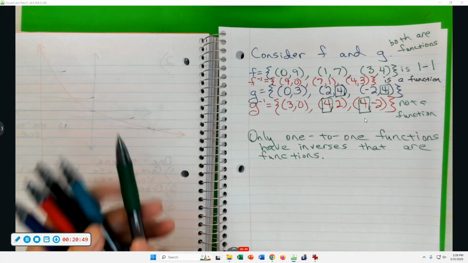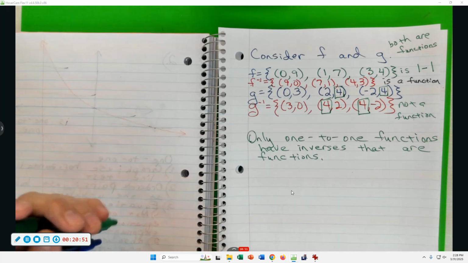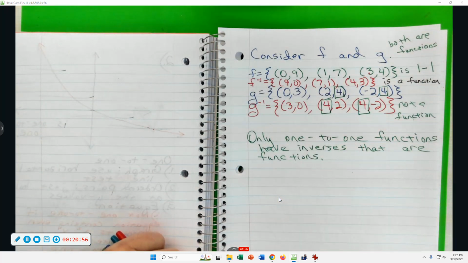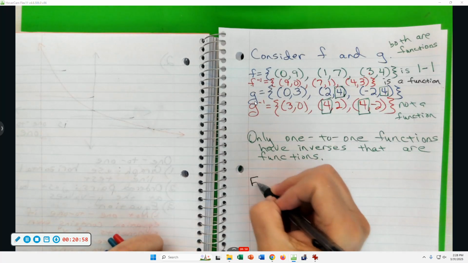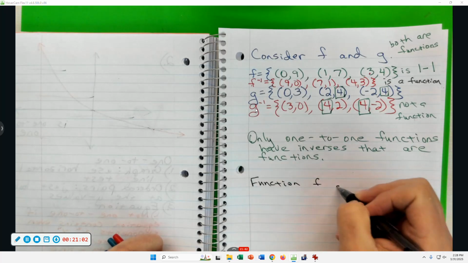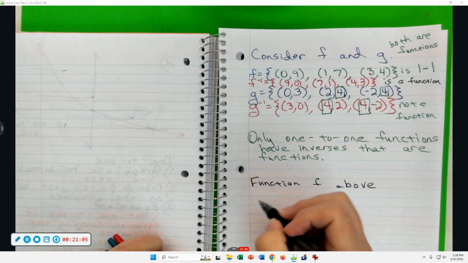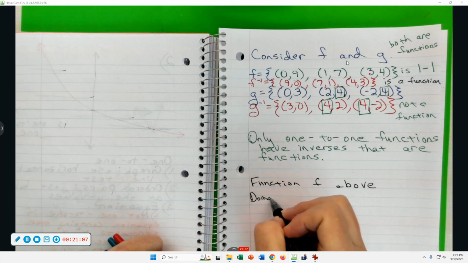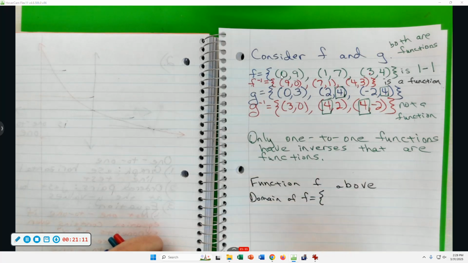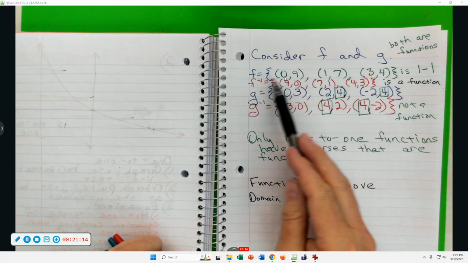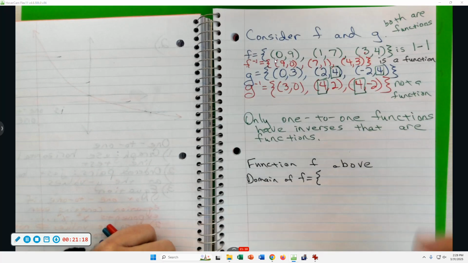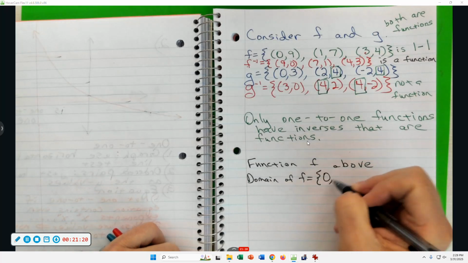And there's one other thing. While I'm here, we may as well mention this. We're still working with the function f above. If I wanted you to tell me the domain of f, what numbers are in the domain of f? There's only 3 of them. 0, 1, and 3.